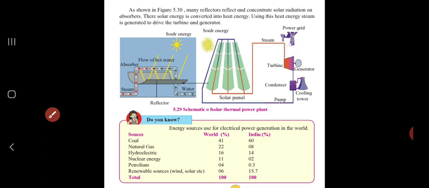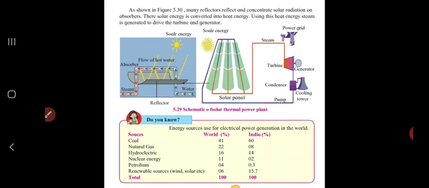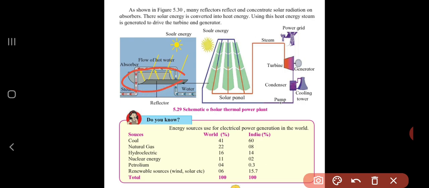So this is a typical schematic of a solar thermal power plant. If you can see, these are the concentrators, where the sunlight falls. Then these are the absorbers. The water flows from here and converts into steam. So this is how water is flowing.